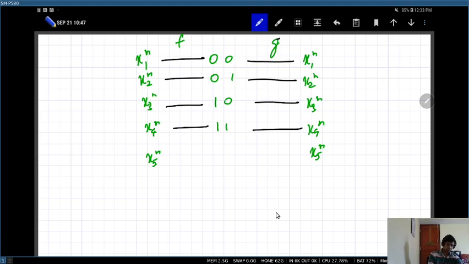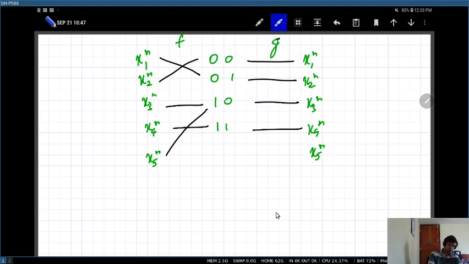It could map x5 to 10, for example. Because otherwise, if the encoder mapped x1 to 01, the decoder would output x2, and if the encoder maps x2 to 00, the decoder outputs x1, and they would both be in error, right?